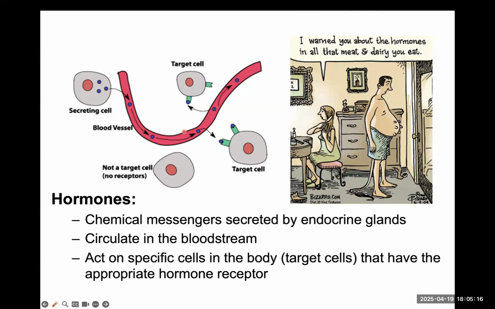It's going to your eyeballs, your fingertips, your stomach, but nothing happens there unless there's a target cell. If you don't have a receptor for that hormone, in this case insulin, it's not going to respond. So the only place that will respond to it is the target cell, and that's in your liver.